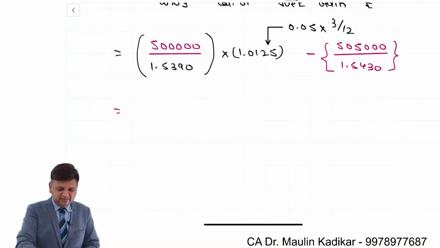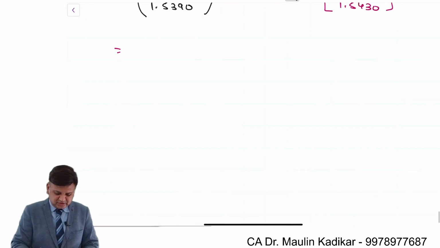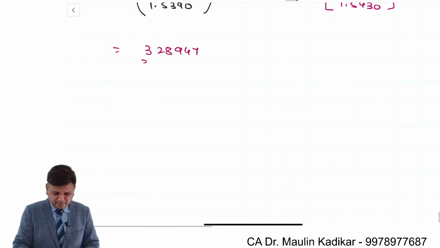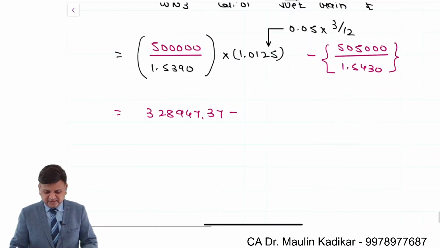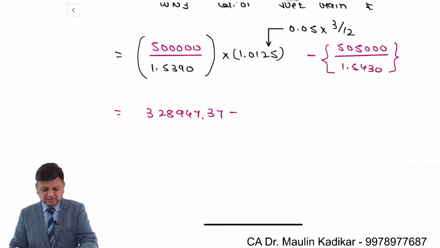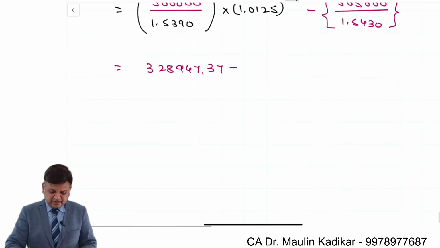5 lakhs divided by 1.539 into 1.0125. So this is 3,28,947.37 minus 5,05,000 upon 1.5430, which is 327,284.51.